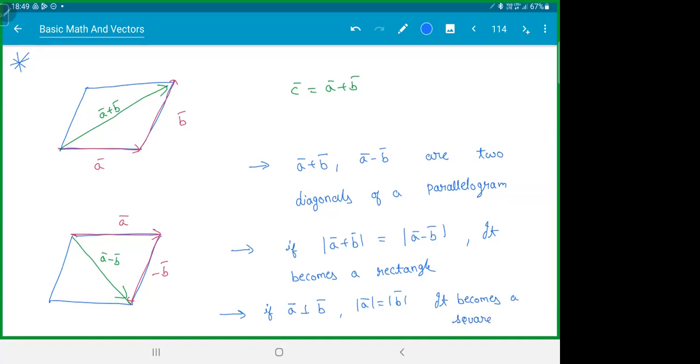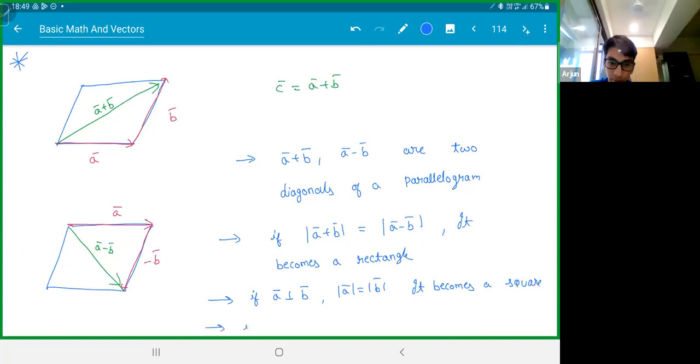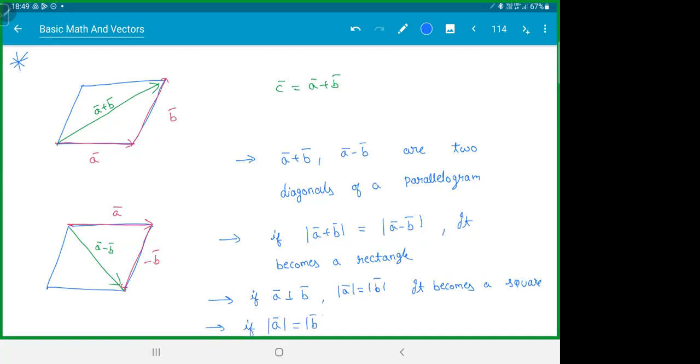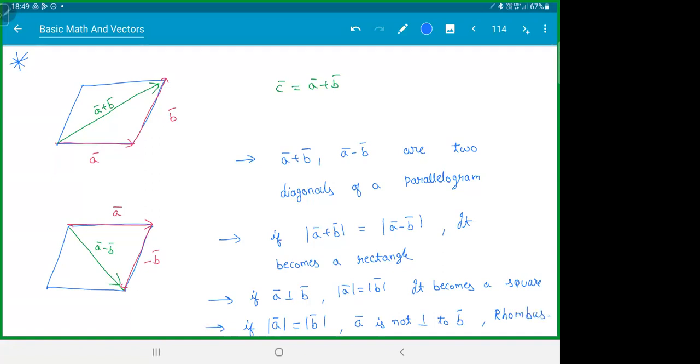So these are the different ways you can change the shapes. And sir, if A is not perpendicular to B, then it's a rhombus, right? If A is equal to B and A is not perpendicular to B, then it is a rhombus. Are you getting how to take the shapes?